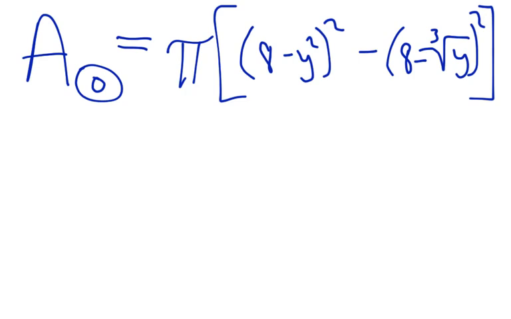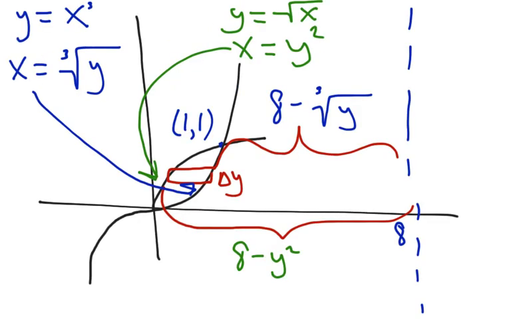We just need to remind ourselves what the upper and lower limits of integration are going to be for our integral. Since we're dealing with the delta y, we are integrating vertically, and so we're integrating from the x-axis all the way up to the point of intersection here. And so we're starting down here at 0, we're going all the way up to 1.